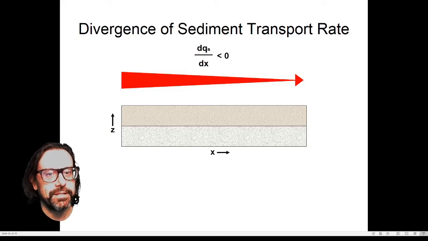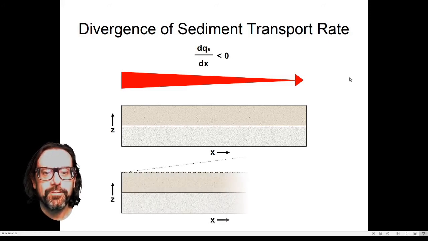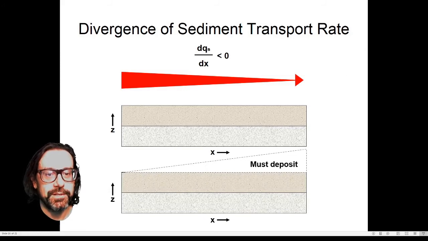Therefore, we have decreasing sediment flux across the landscape. And if that happens, we have a situation in which we must deposit material. And that's because if there is more material going into the landscape element than is leaving it, it has to leave that additional material behind, and it must then deposit that material.